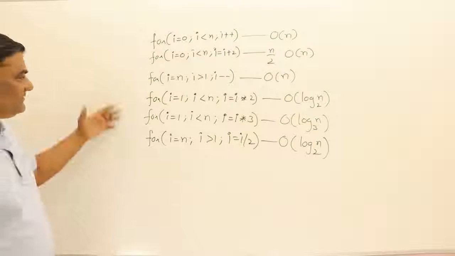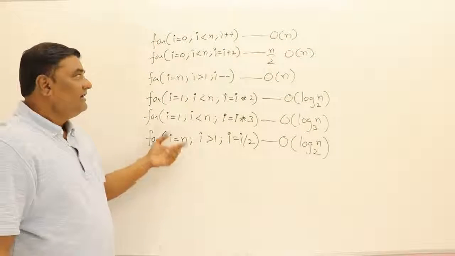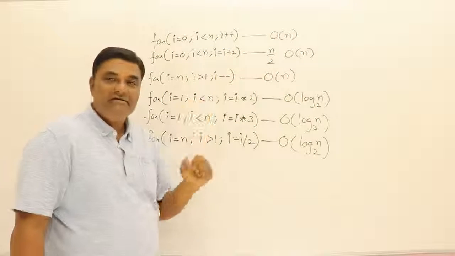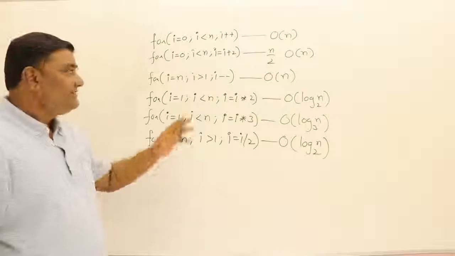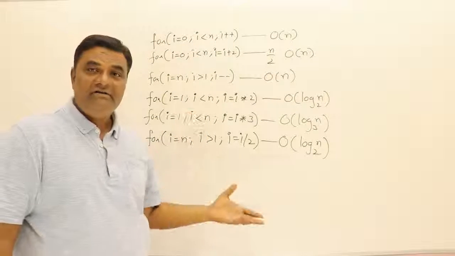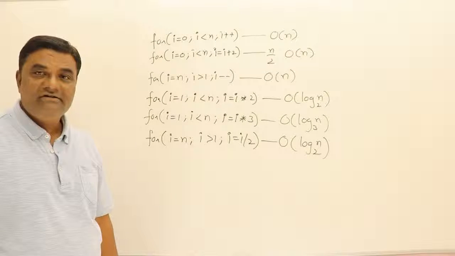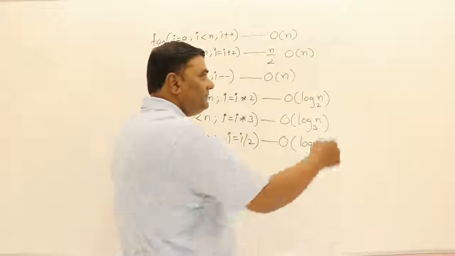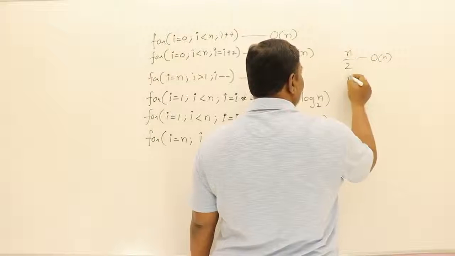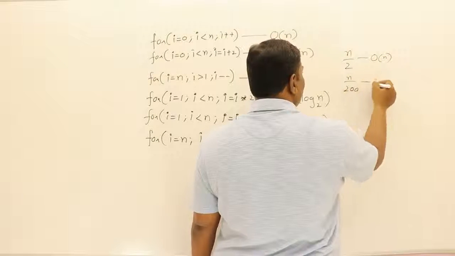So now we can take these as formulas. If a loop is incrementing, that is n, or decrementing, it is n. Whether it is incrementing by 1 or 2 or even 10 or even 100 also, it's order of n only we say. Right? N by 2 is also order of n. N by 200 is also order of n.